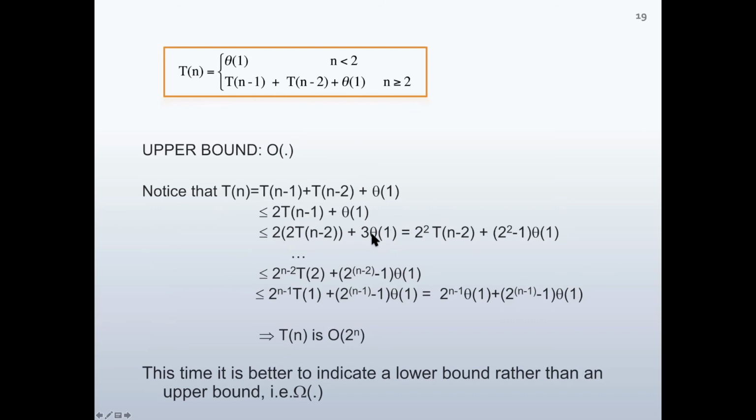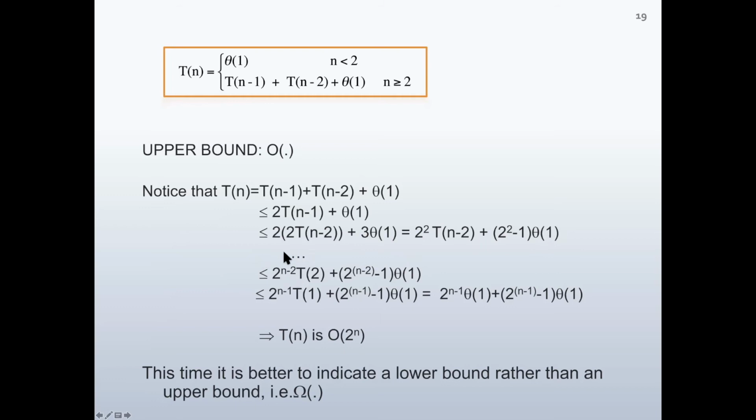We can reorganize this expression as 2 to the power 2 times T(n minus 2) plus (2 to the power 2 minus 1), which makes 3, times theta 1.